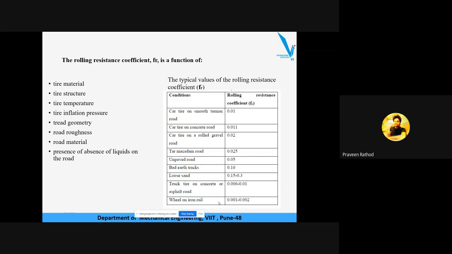So these are the values of rolling resistance we have here.